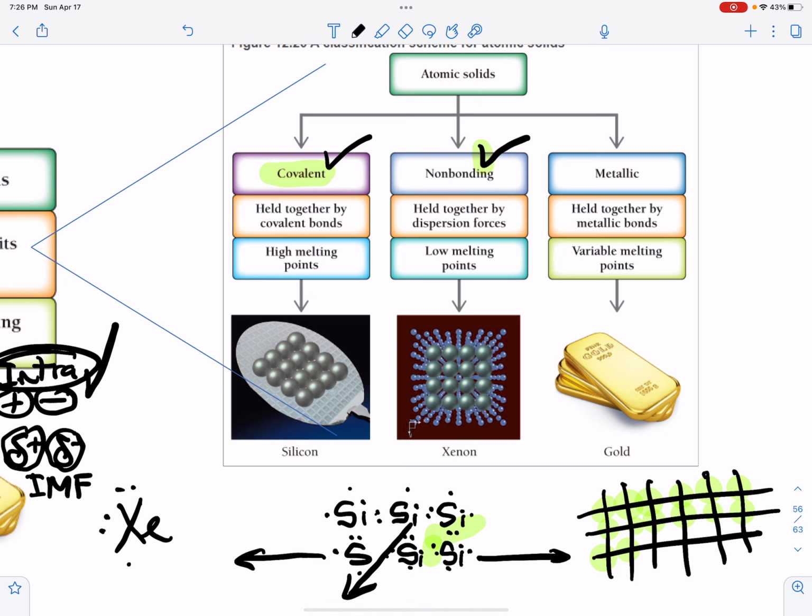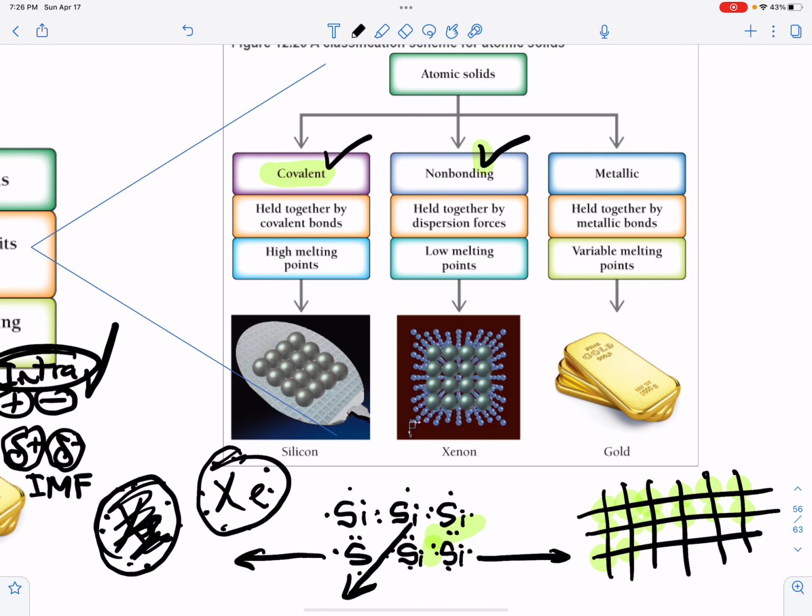If I put another xenon close by, they cannot bond because they have all 8 electrons already. However, because these have electrons, they're going to be moving, and that's going to create dispersion. So these gases can make solids just because of the dispersion forces.